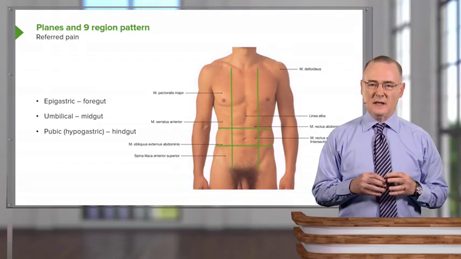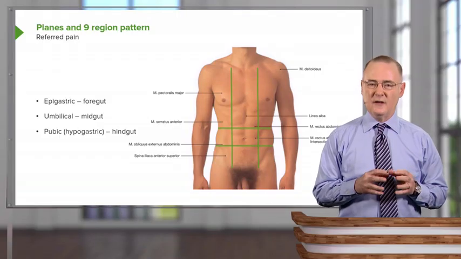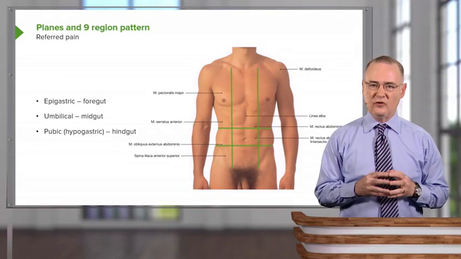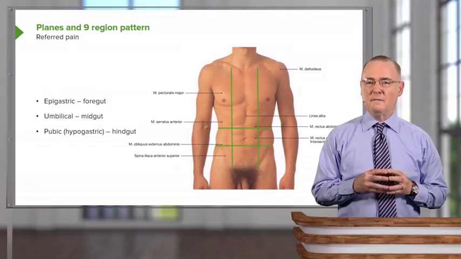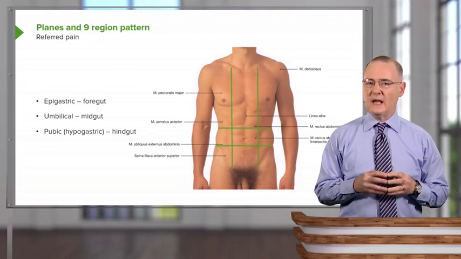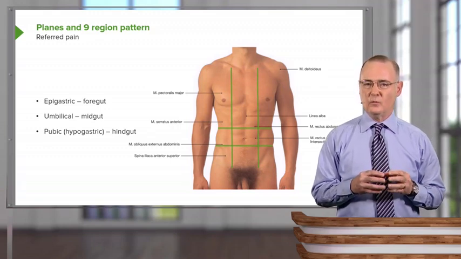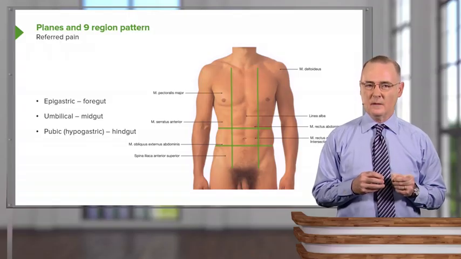When we think about the development of the viscera that would be associated with your abdominal cavity, the primitive gut tube is arranged into 3 regions called a foregut, a midgut, and a hindgut.